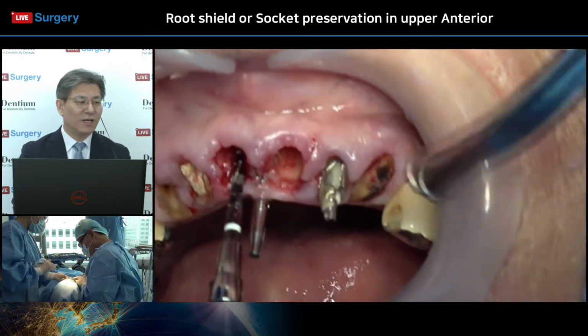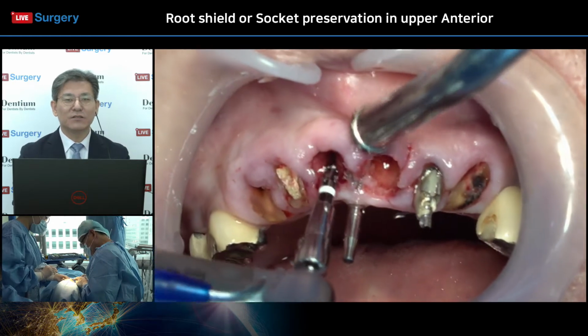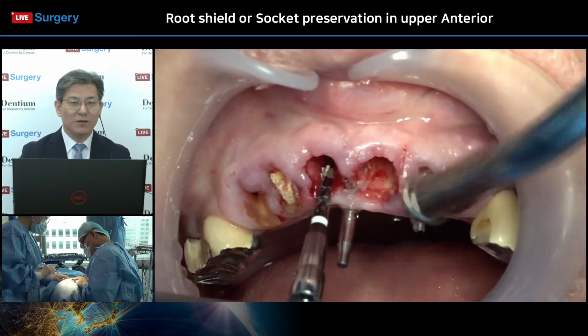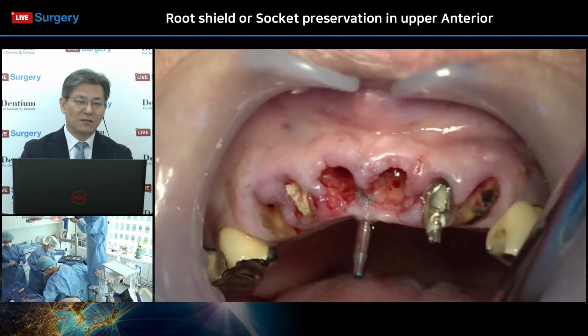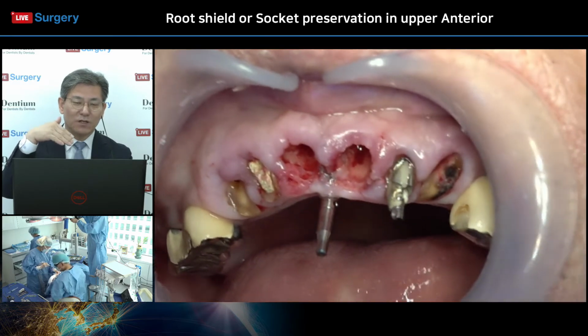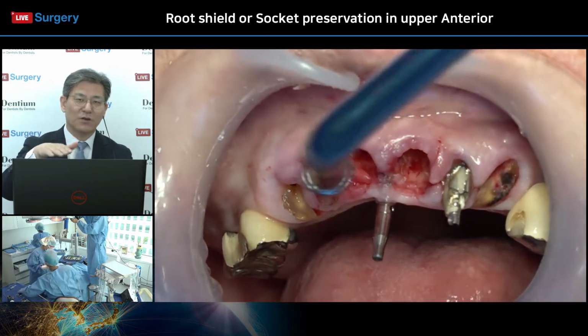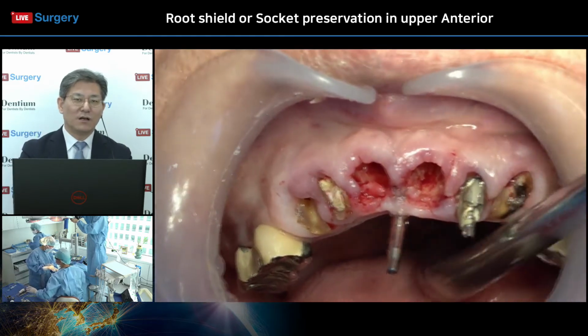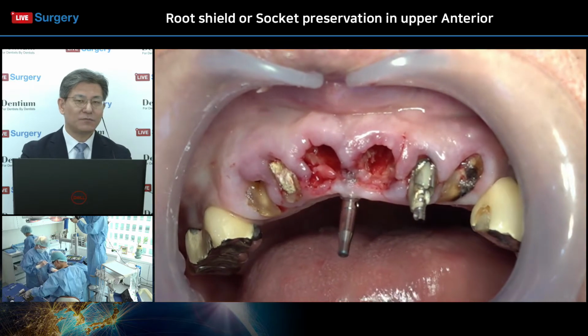Normally, in an intact socket area, maybe 7 to 8 millimeters below the socket margin, right? From the margin of the socket wall, 7 or 8 millimeters below on the palatal socket wall will be the entry point for the drill, right?